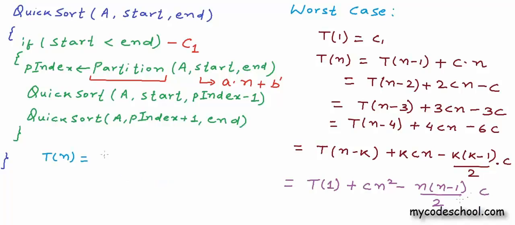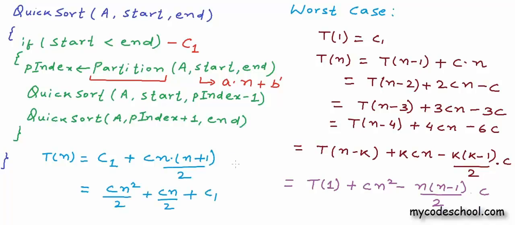So my T(n) finally is T(1), a constant c1, plus I can write the rest of the part as cn. I'm going to take this out. Inside it will be n minus (n-1) upon 2, and this part will reduce to (n+1) upon 2. Overall, this is what I'm getting.